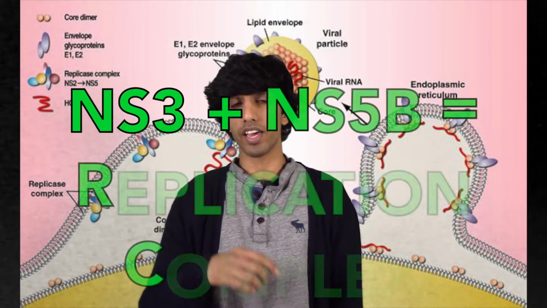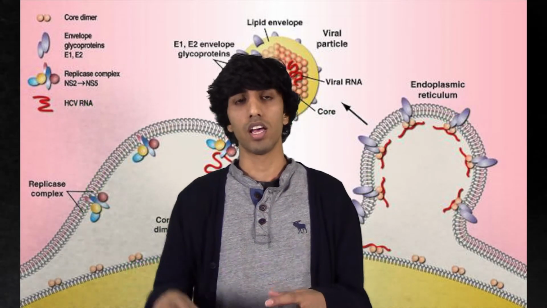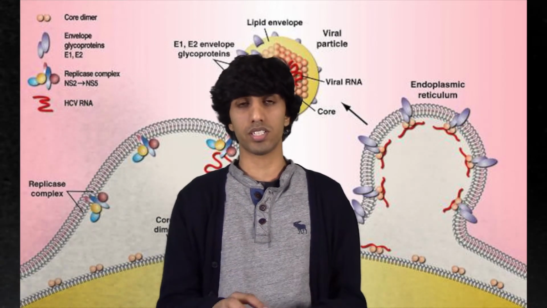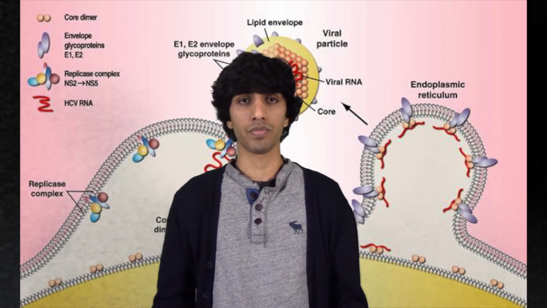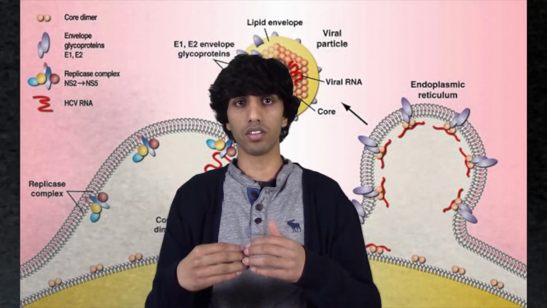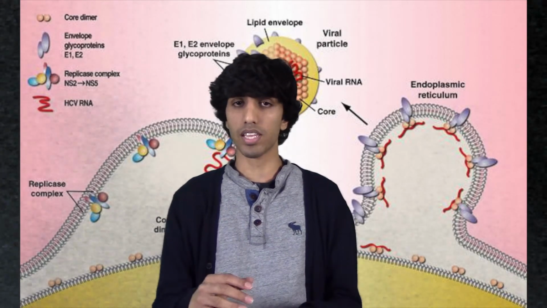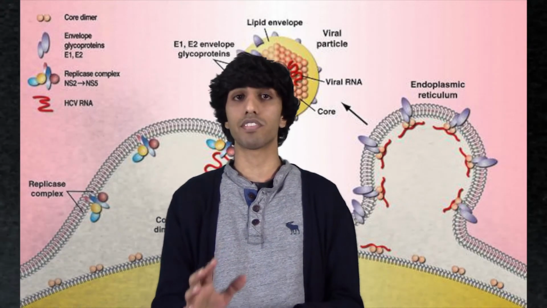The NS3 and NS5B non-structural proteins form a replication complex located on endoplasmic reticulum-like membranous webs. When the D2 domain and lipid droplets interact with each other, NS5A is recruited, which plays an important role in replication and the assembly process of the virus.